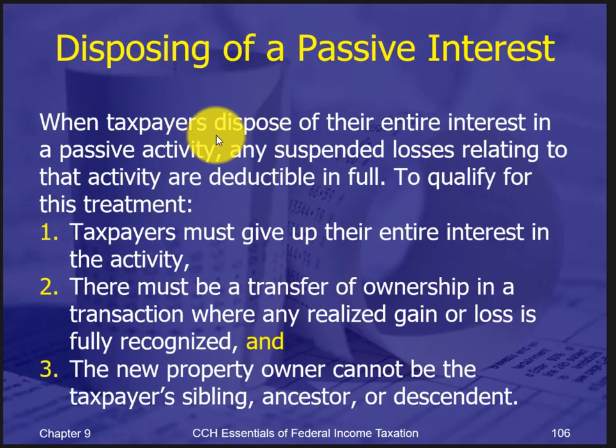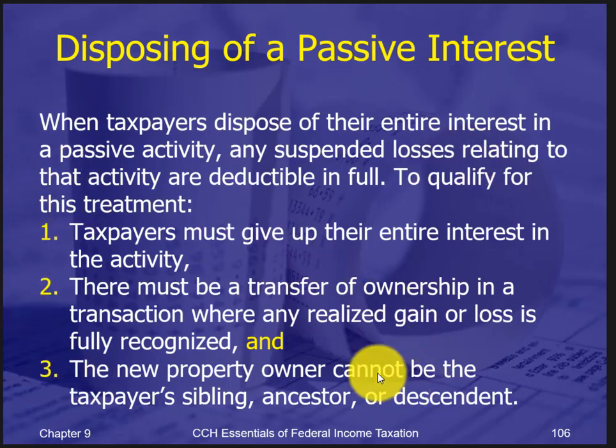That's important because you can deduct losses that have been carried over in full in the year that you dispose of the activity, but you have to dispose of all of it. So if you've got multiple activities, you need to know how much carry forward loss goes with a particular activity so that when you sell it, you know how much of that loss you can use.